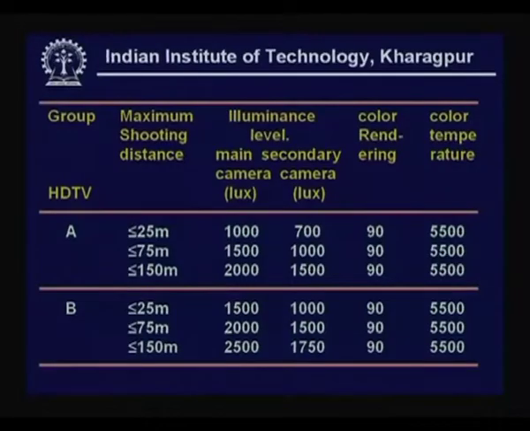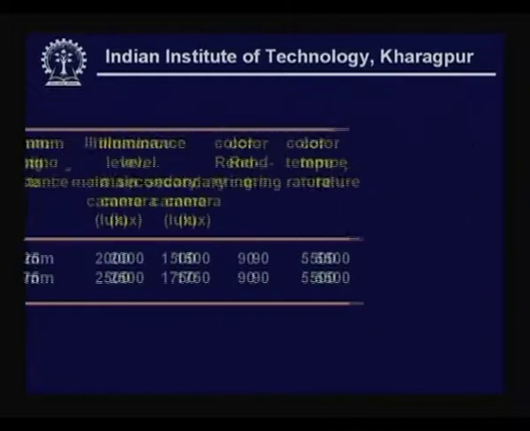Observe, even for group A games, the lux requirement has gone up from a minimum of 1000 for 25 meter shooting distance to 2000 for 150 meter shooting distance, which becomes higher, up to 2500, for group B, and even for a secondary camera it is around 1750, which is much higher than in the case of national or international TV coverage, even for group C games.